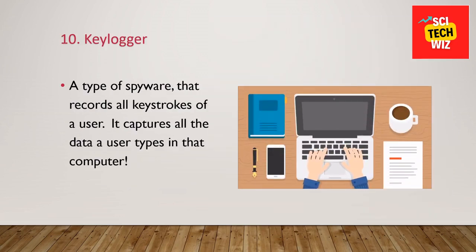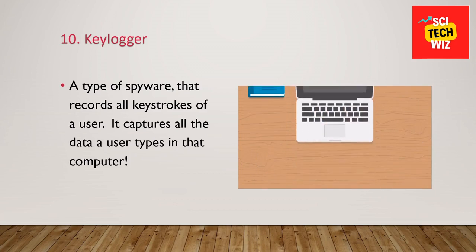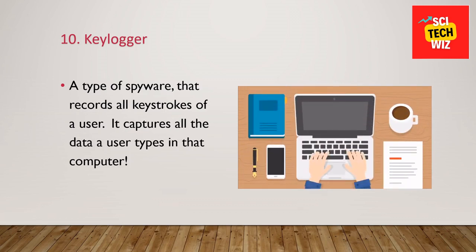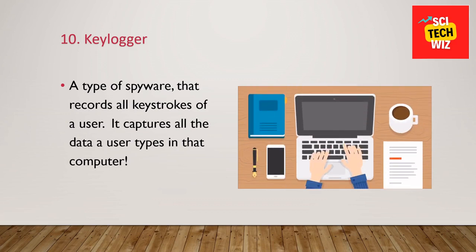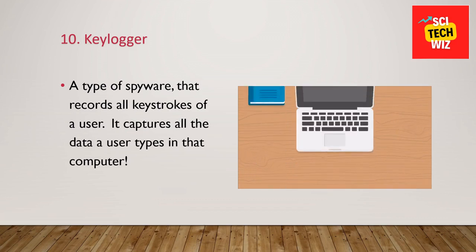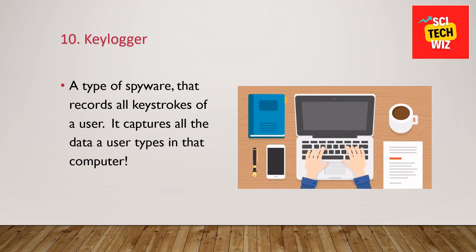Keylogger. A type of spyware that records all keystrokes of a user and captures all the data a user types in the computer. A keylogger, also known as a keystroke logger, is a type of spyware, malicious software or hardware device designed to record and monitor keystrokes on a computer or device.